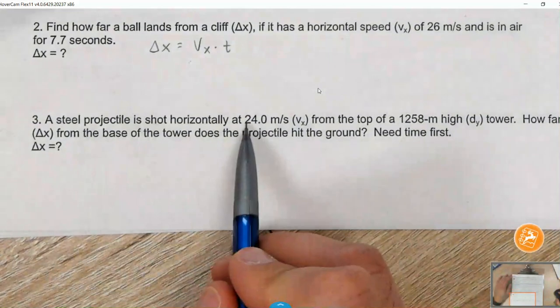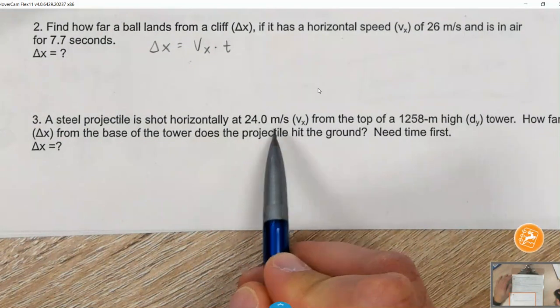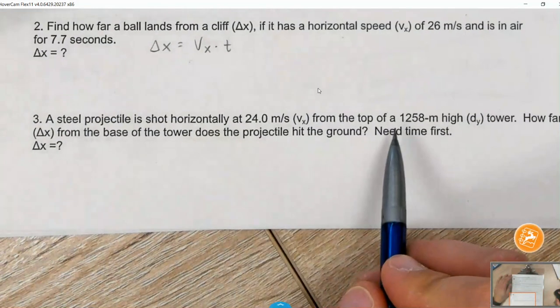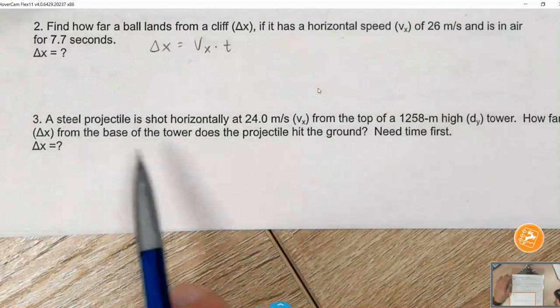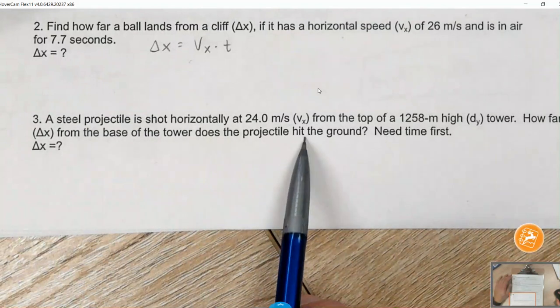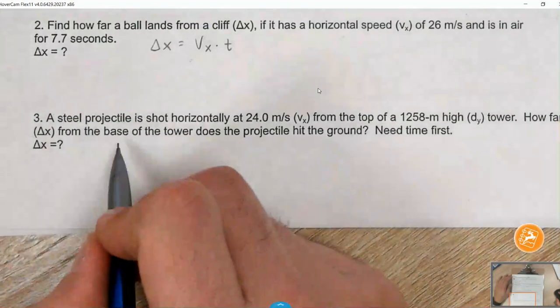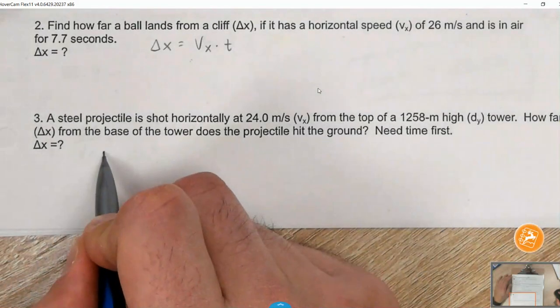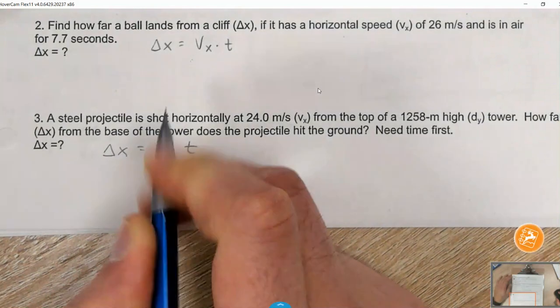A steel projectile is shot horizontally at 24 meters per second from the top of a 1,258 meter high tower. How far from the base of the tower does the projectile hit the ground? I wrote need time first. So they want delta x, which is vx times time.